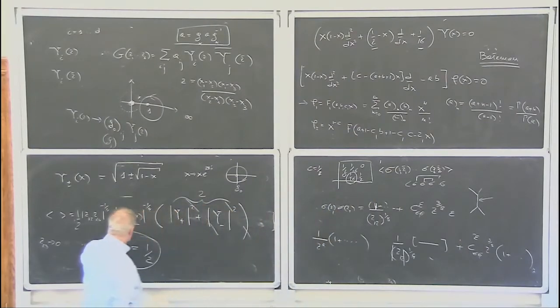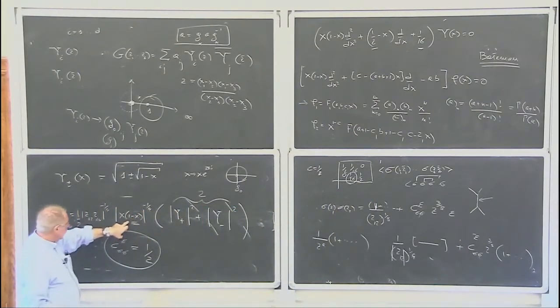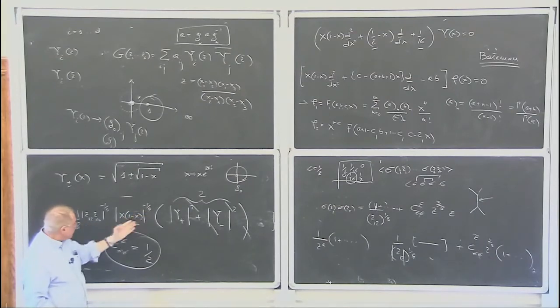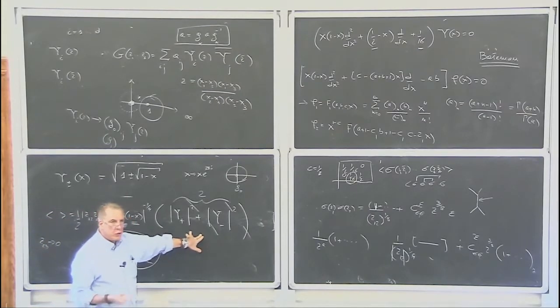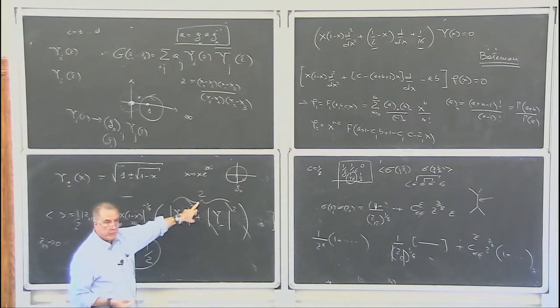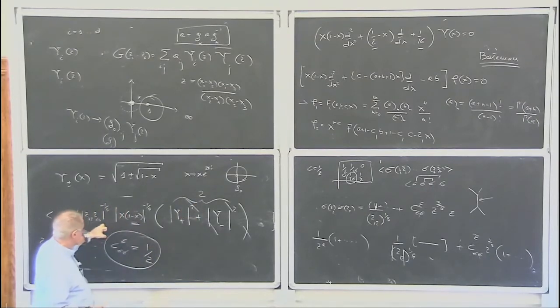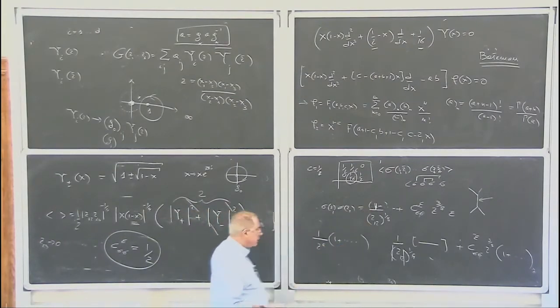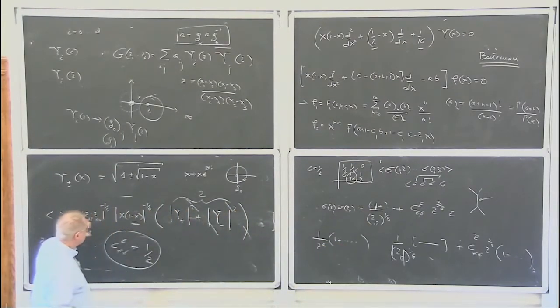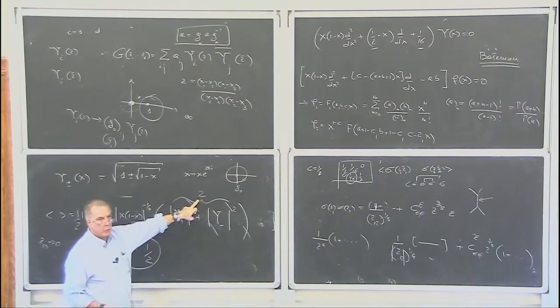If I do this, you see that there is explicitly |1-x|^(-1/4). So this is the channel I'm looking for, under my eyes. How much is this? You compute the limit, and it turns out to be a number, 2. Since you want this to be normalized to 1 in this channel, therefore a times 2 has to be 1.